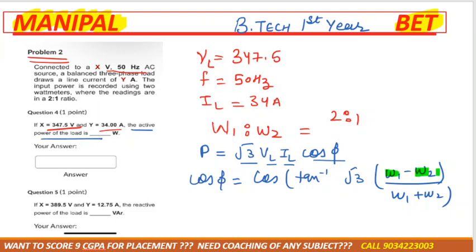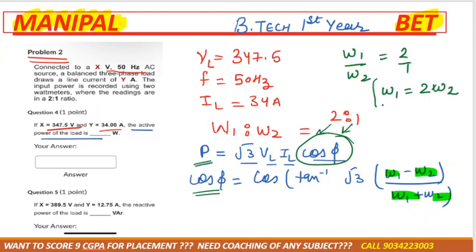So we have W1 and W2 ratio, right? So can we substitute the ratio over here and then we'll get cos phi? We can substitute the cos phi over here, then we'll get the active power. So can we write it like this from the ratio? If we substitute it, W1 is 2W2, so 2W2 minus W2, right? Divided by 2W2 plus W2.